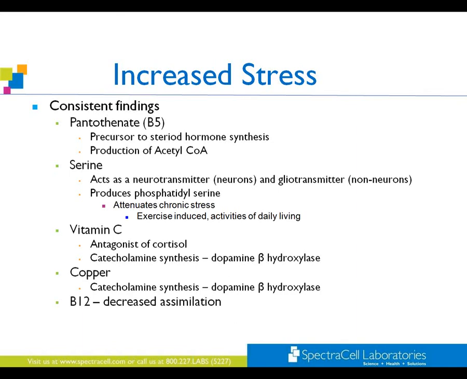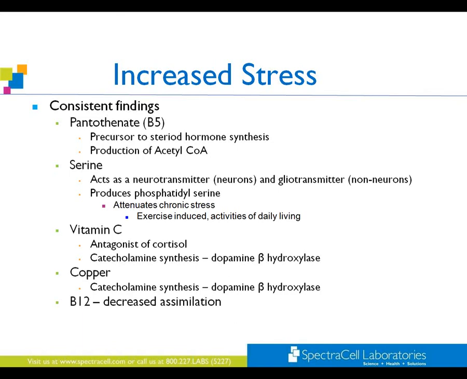I always think about B5 as the lead nutrient into steroidogenesis. When we're trying to form these steroid hormones, that process doesn't take place endogenously without B5 initially being there to help promote it.